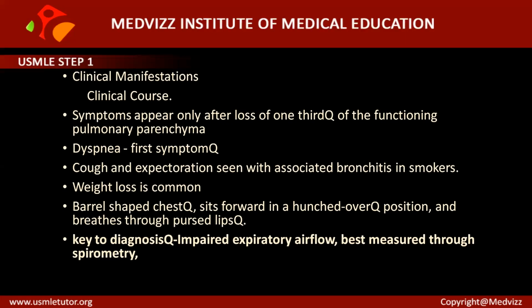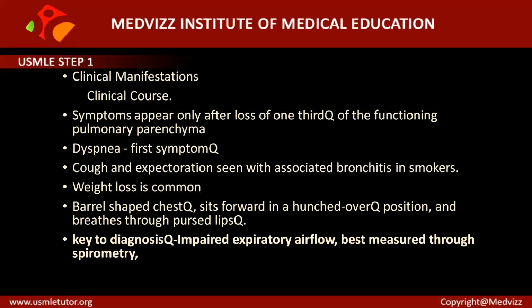That's why symptoms appear only after loss of one-third of the functioning pulmonary parenchyma, and dyspnea is considered to be the first symptom of emphysema. Anyway, dyspnea is also a symptom of chronic bronchitis, and cough and expectoration are also seen with chronic bronchitis.